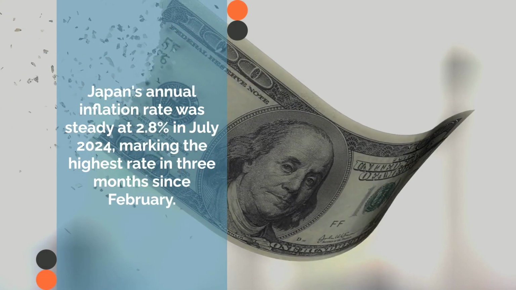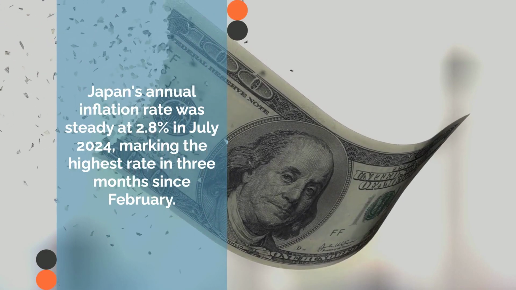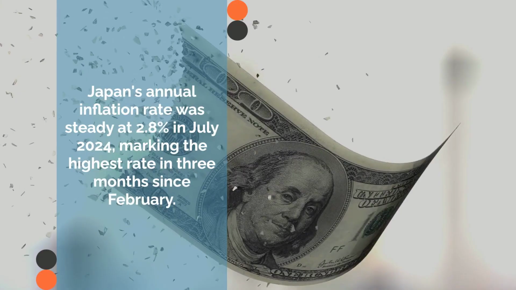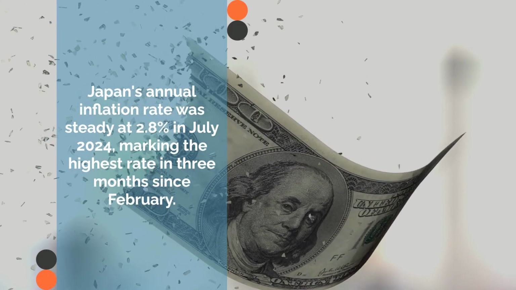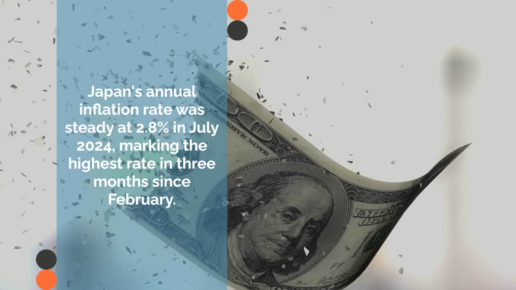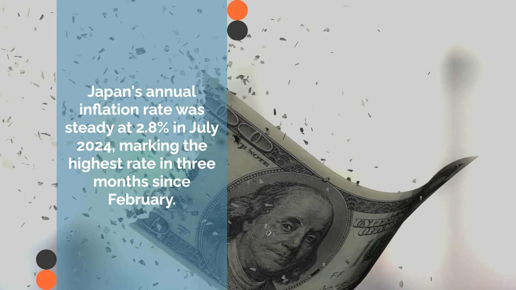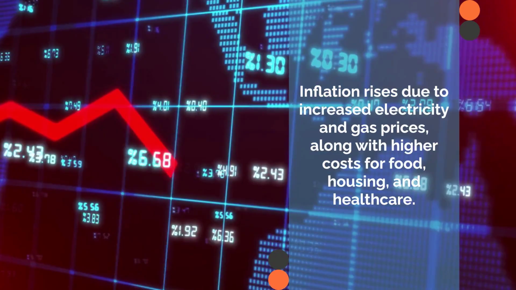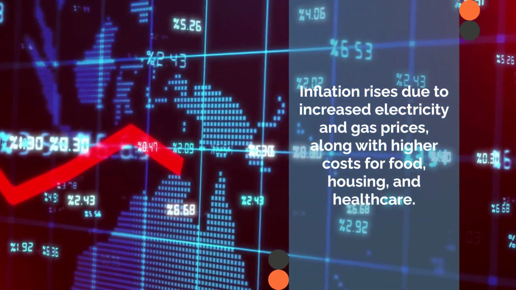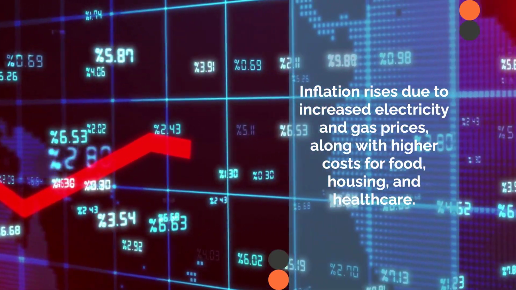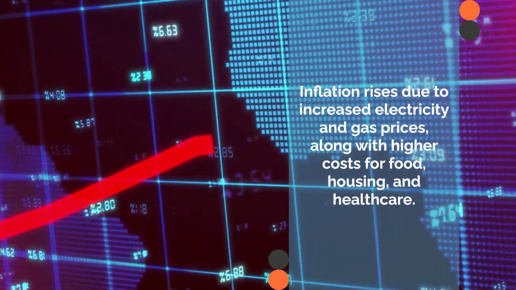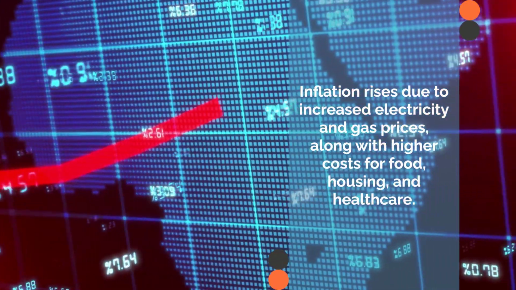The most recent economic data for Japan shows that the annual inflation rate was at 2.8% in July 2024. This rate has remained steady for 3 consecutive months, marking the highest level since February. Key contributors to this inflation include a significant rise in electricity prices, a 22.3% increase, and gas prices, a 7.4% increase, following the end of energy subsidies.